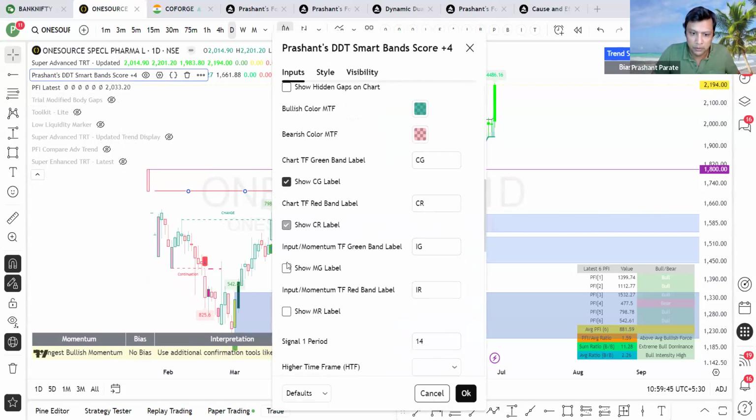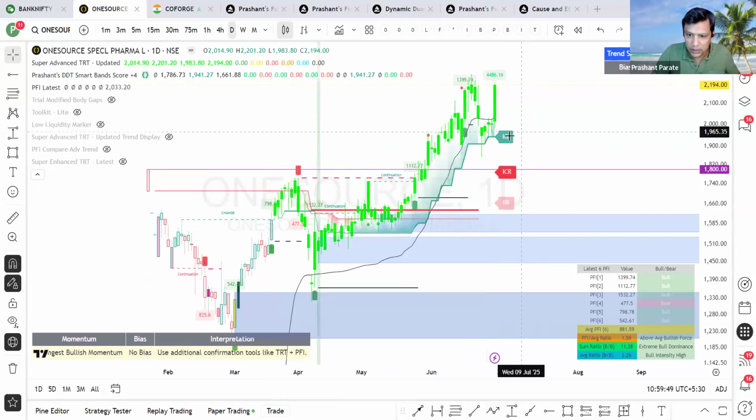When I make these visible, 4 labels will be visible. IG means input is green, ICR means input chart red. Sorry, invisible chart red. So chart red is invisible, therefore I prefix it, and input red has become invisible, therefore it has a prefix I.